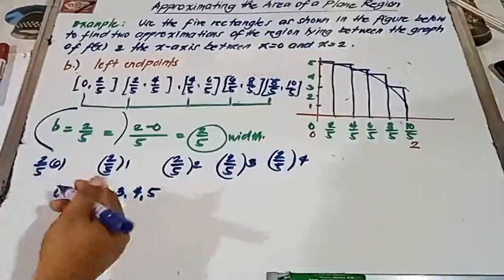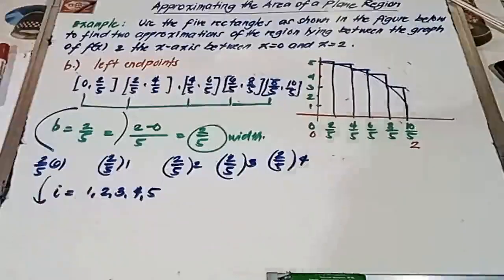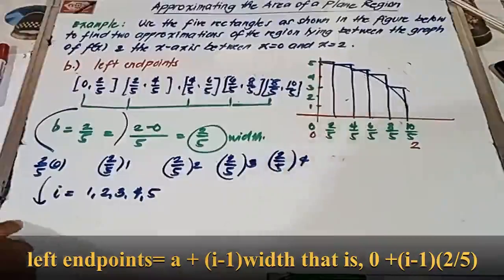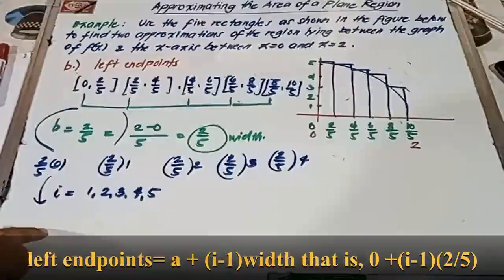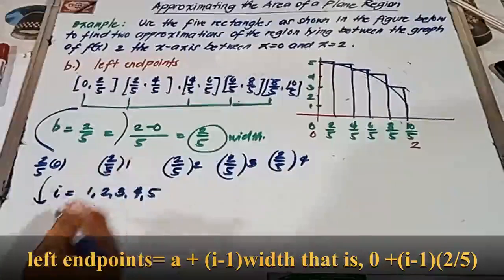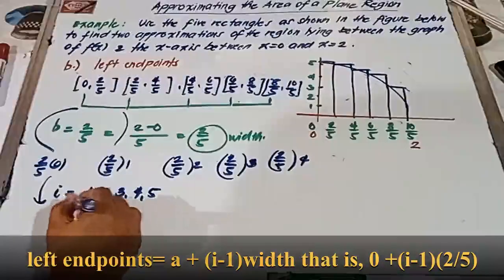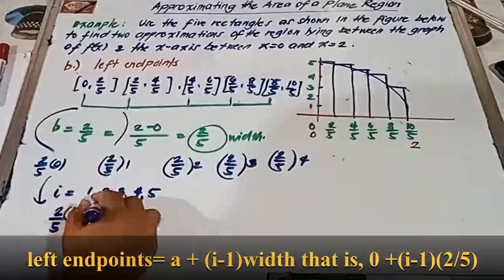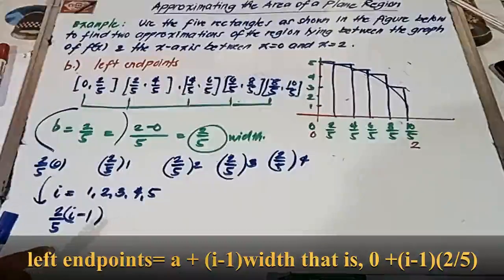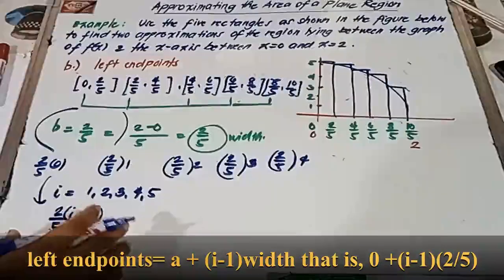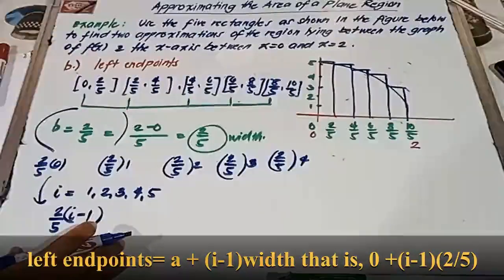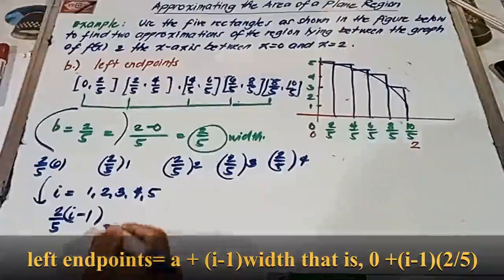So therefore, the expression that should be multiplied to 2 over 5 to determine the left endpoints of our rectangle is 2 over 5 times (I minus 1). At ito ang gagamitin natin, this will represent the function of f of x to determine the height of our rectangle.